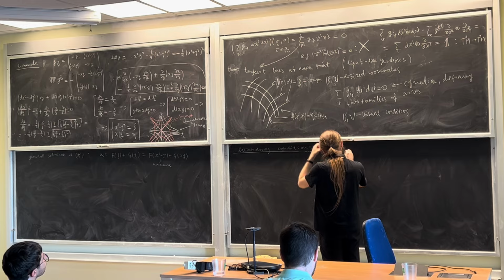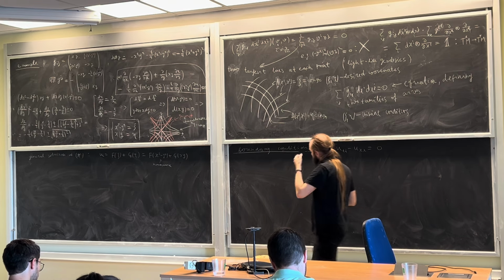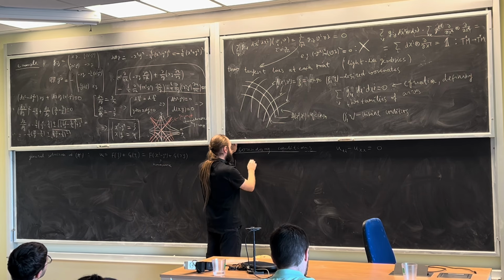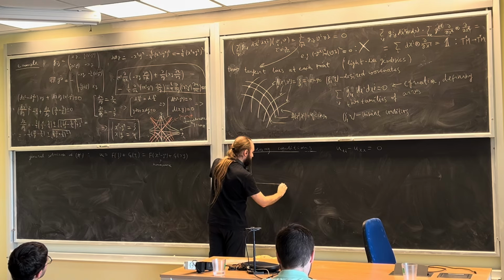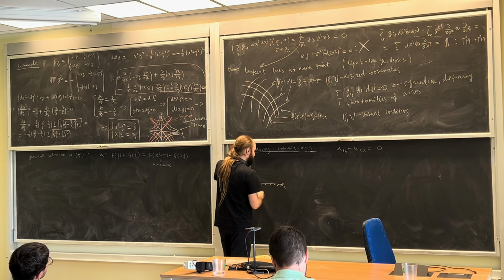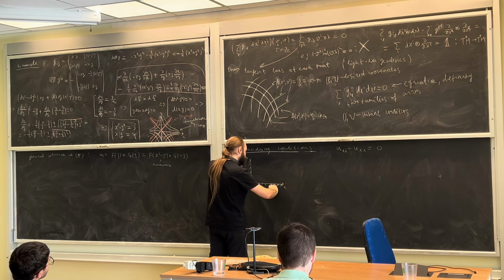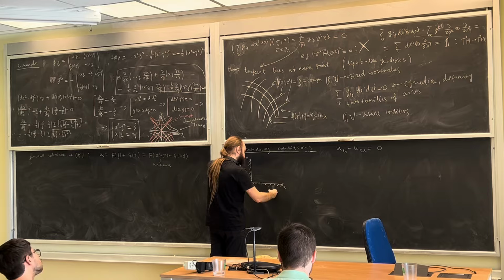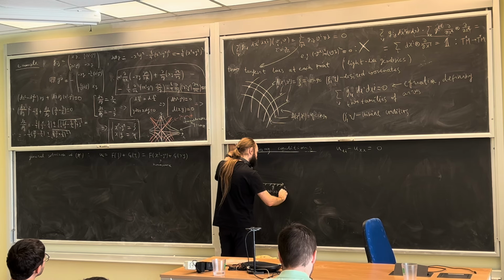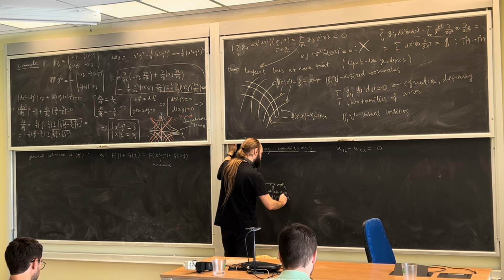Our equation was as before: ut minus uxx equals 0, and one problem was this: there is the x and t plane, and we asked u of 0, x be u0 of x, ut of 0, x be u1 of x.